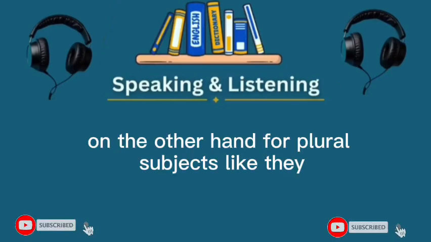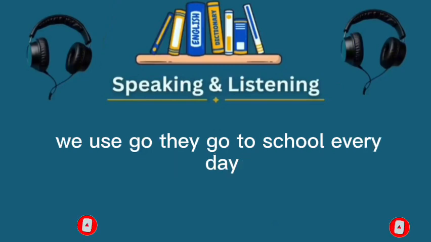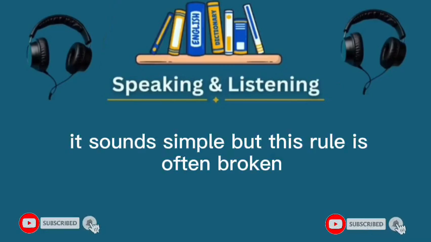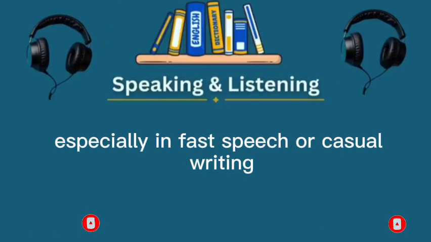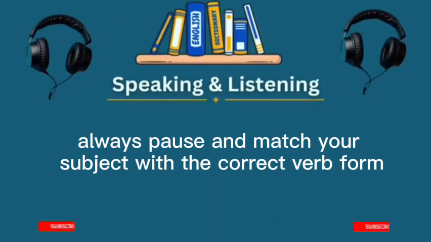On the other hand, for plural subjects like they, we use go. "They go to school every day." It sounds simple, but this rule is often broken, especially in fast speech or casual writing. Always pause and match your subject with the correct verb form.